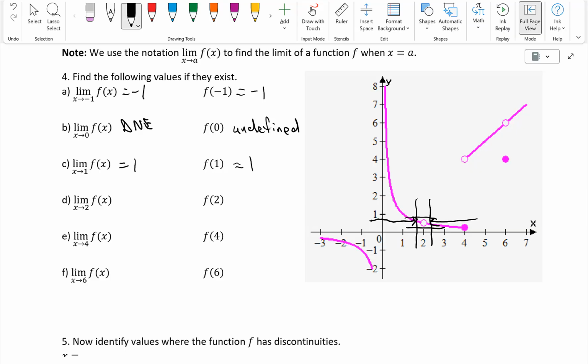The function doesn't connect there because there's no point, but it connects to that hole. So our limit here is just, let's say, 1/2. But for f of 2, since there's no point anywhere where x is 2, same as we did for 0, f of 2 is undefined.